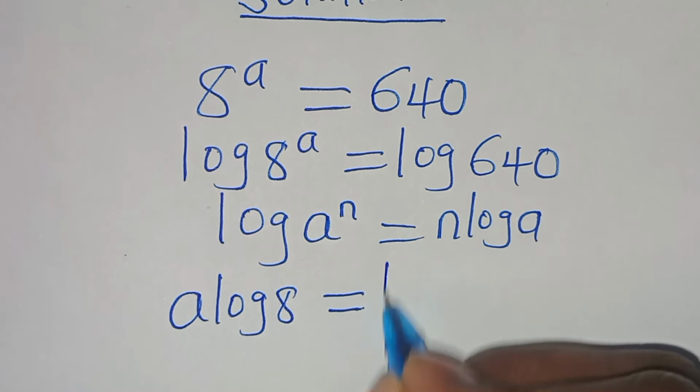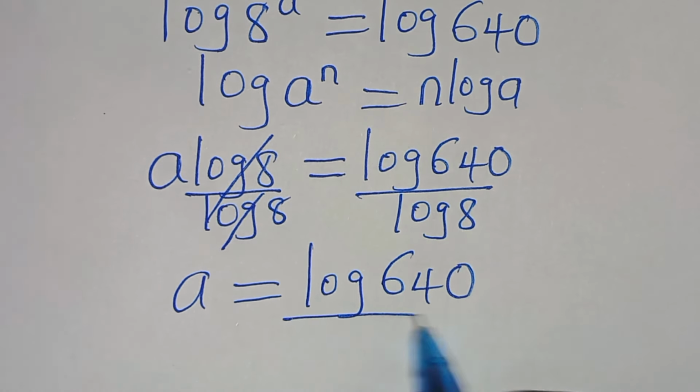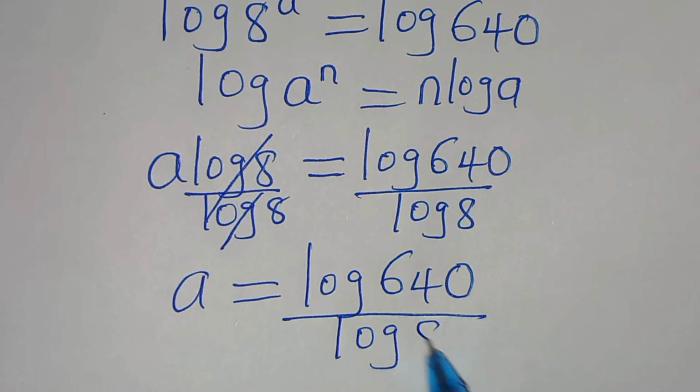So let's divide both sides by log 8. We simplify here log 8 and log 8, so that a is equal to log 640 divided by log 8.